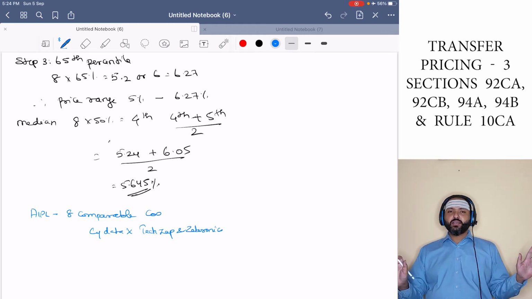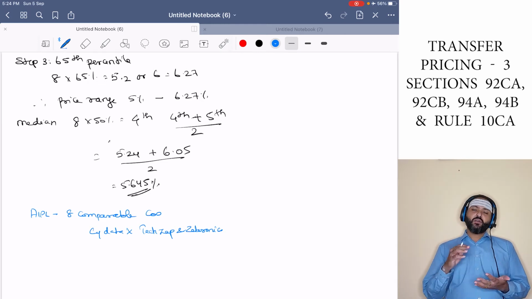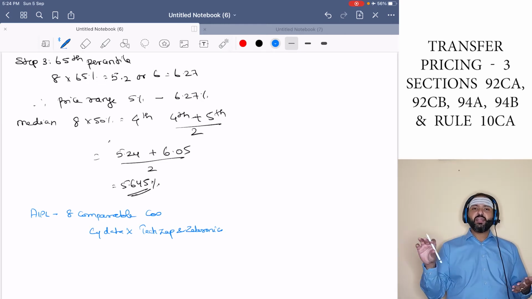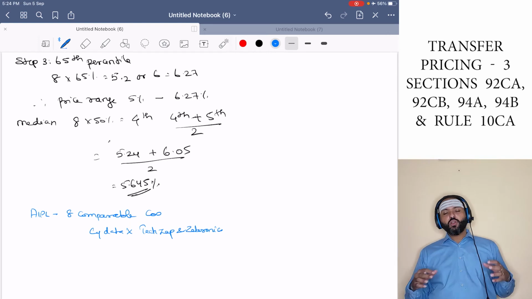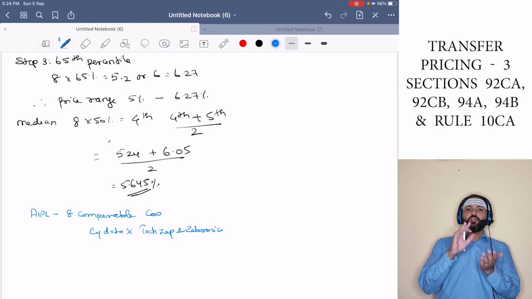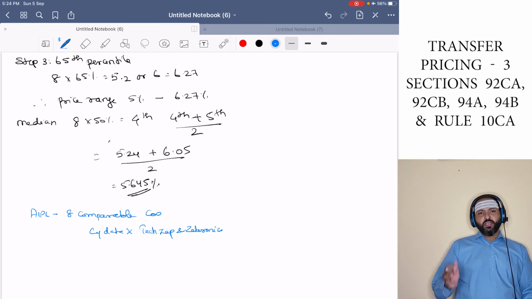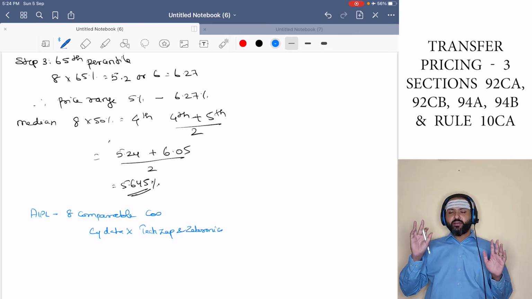You have gone ahead, you have done the transfer pricing study, you have ascertained the income, and you have filed the return of income. Now, knowing AIPL's history, it is picked up for assessment and referred to the transfer pricing officer. The transfer pricing officer goes through the entire study that you have done.